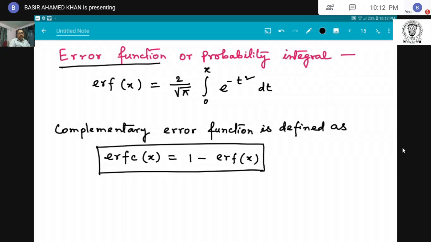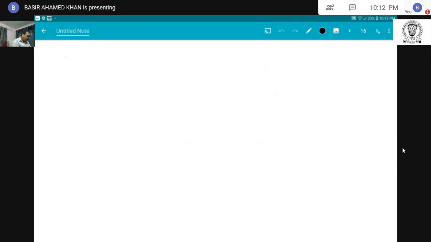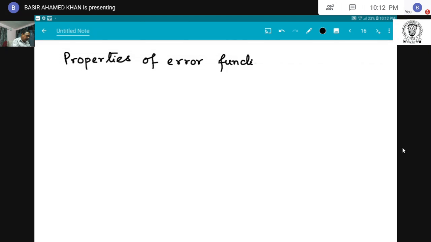Now the properties of error function. First property of error function is error function of minus x equal to minus error function of x.